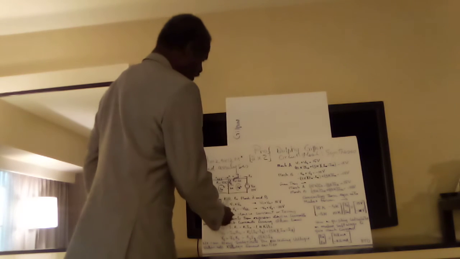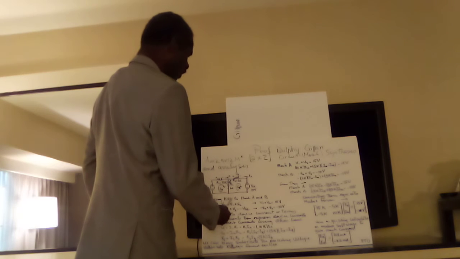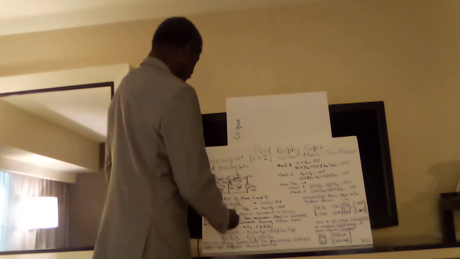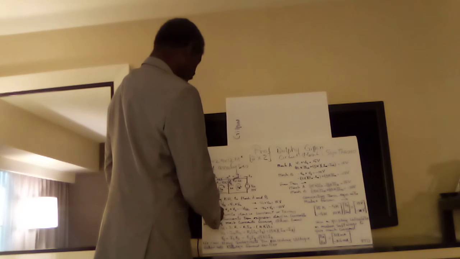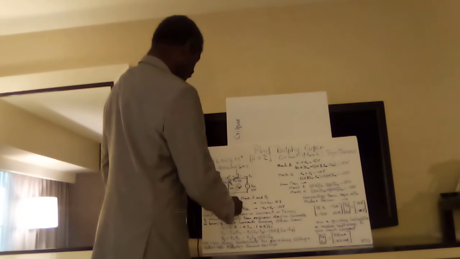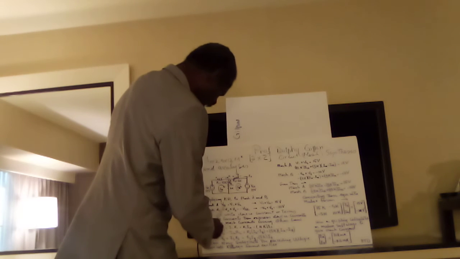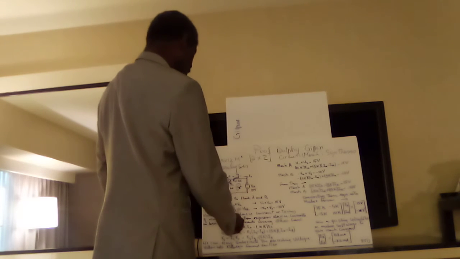So I'm applying now the Kirchhoff voltage law to mesh A and mesh B. And in mesh A here, we have V source 1 equal to V1 plus V2. So here's V1, and here is V2. This is V source 1, 15 volts. And in mesh B, we have minus V2 plus V3, and that's equal to minus V source 2.